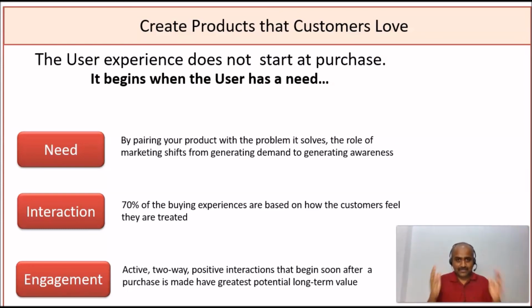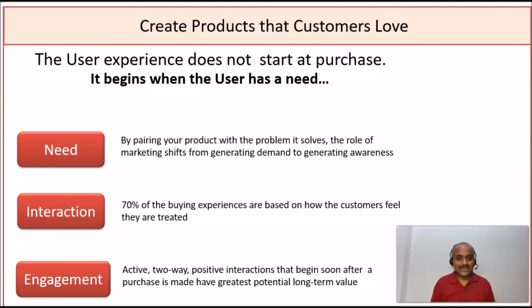The moment they are aware of the product and its uses, it automatically gets connected to their needs. So we need to make sure, right when you conceive the product's need, at the conceptual stage itself, that you pair users' true needs with the problem that the product is going to solve. Then you just have to make people aware of the product. That itself will generate a lot of demand for you.